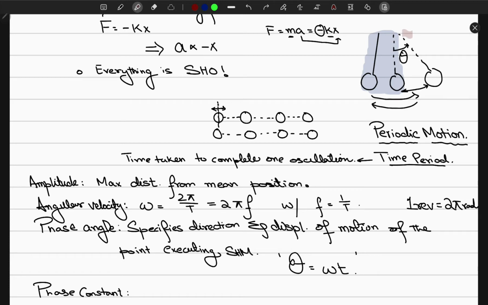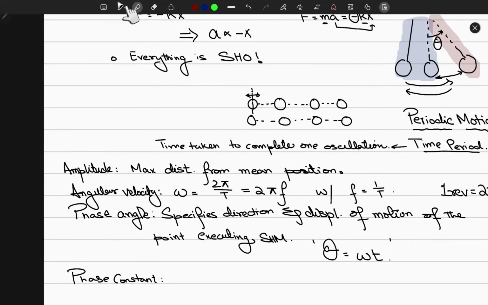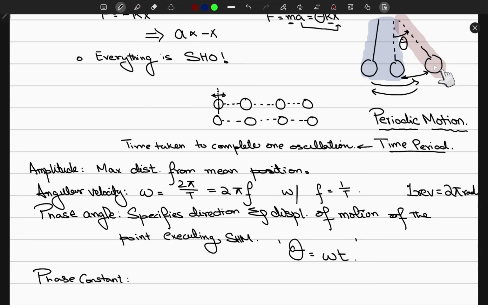So let's say that this was my resting position, and then I release it and then it comes back to this position. So for example, if that's the resting position, then you can basically define something which is called a phase constant as well. Now this phase constant gives you the information about the initial value of this angle theta. So at t equals 0, whatever value that I have for this angle theta is the phase constant.